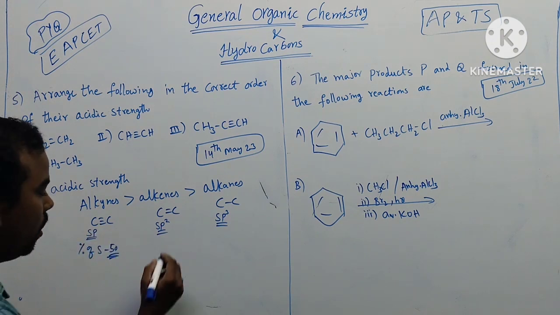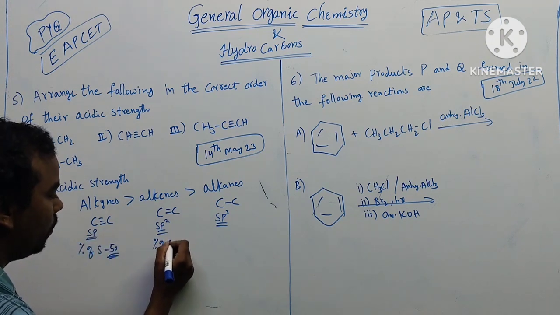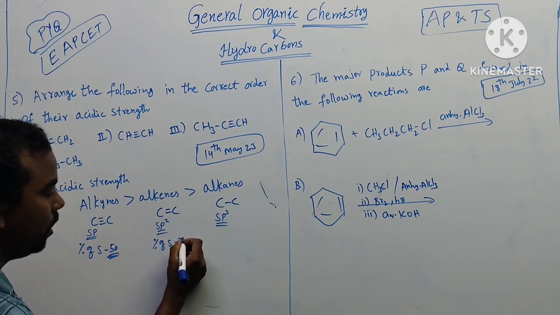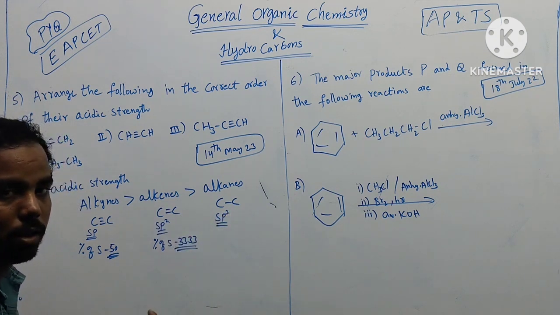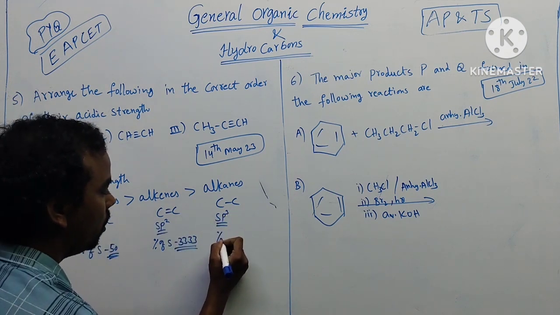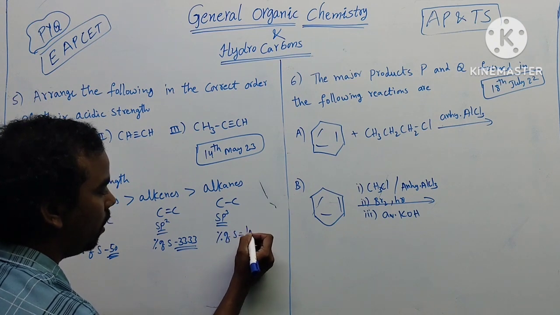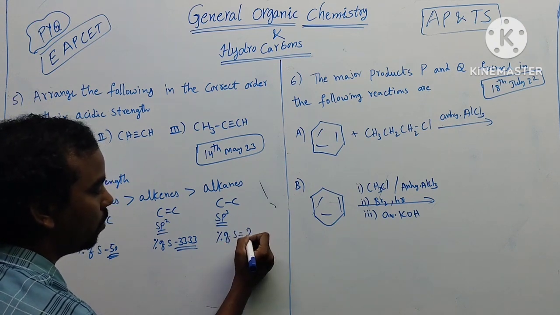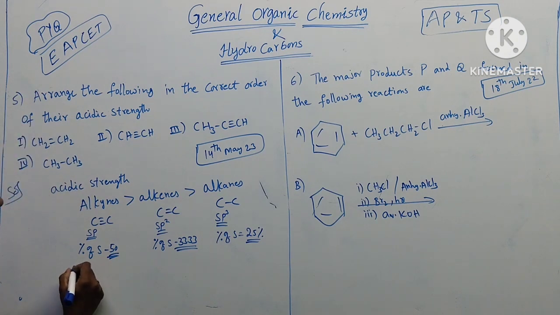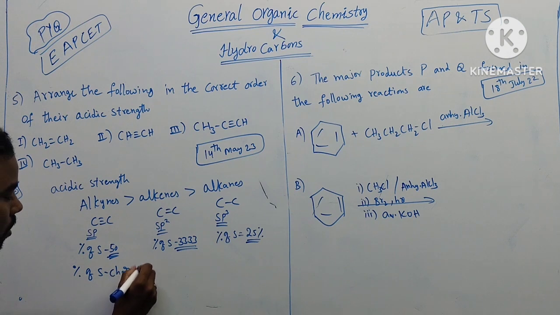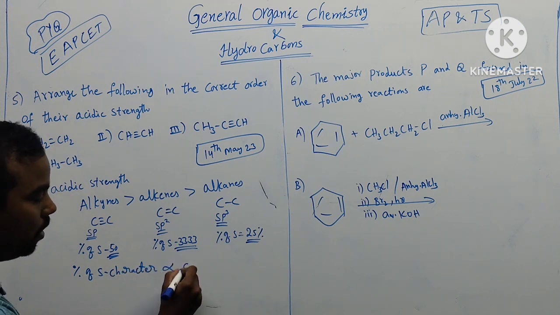Total is 100, 100 by 3. Percentage of s is 100 by 3, 33.33%. For sp3, how many orbitals? 3 p orbitals, 1 s orbital, total 4 orbitals. So percentage of s is 100 by 4, which means 25. So which one has the highest percentage of s character? Percent of s character is directly proportional to acidic strength.